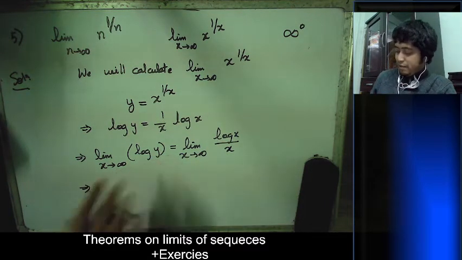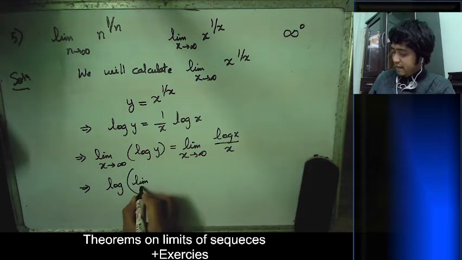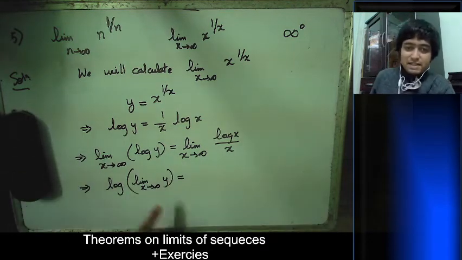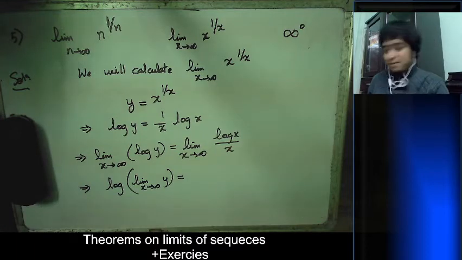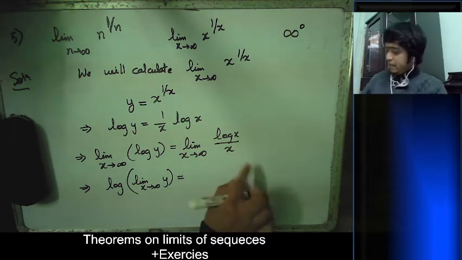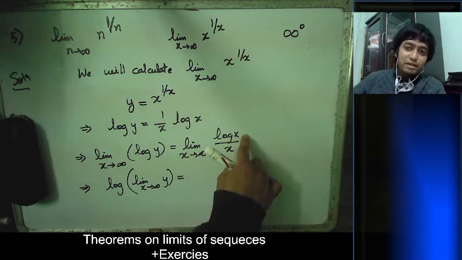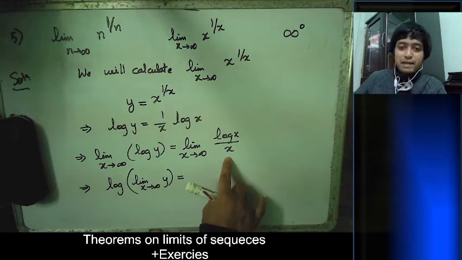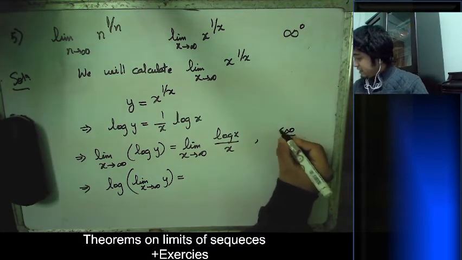The limit can go inside the logarithm. Again, that was done in your previous classes, in your lower classes I should say. And over here, just notice, if you put x equal to infinity, you'll be getting log infinity, which is infinity, and over here also you'll be getting infinity. So this one is infinity by infinity.